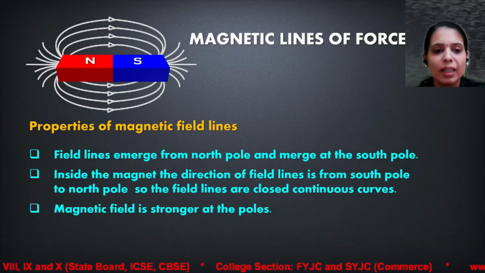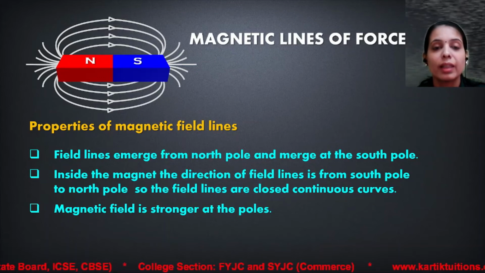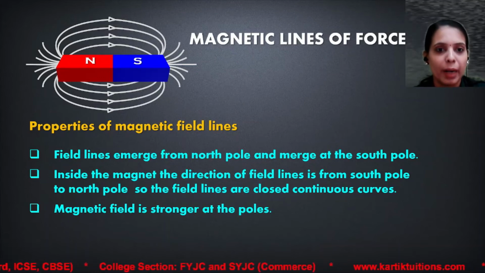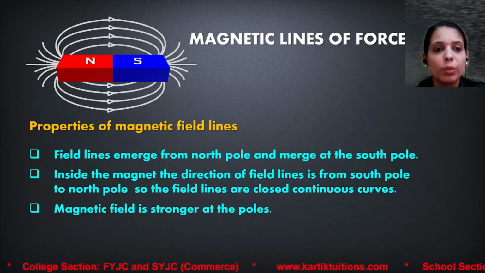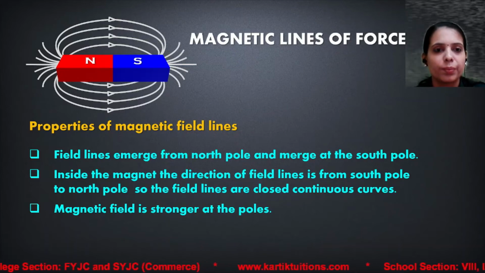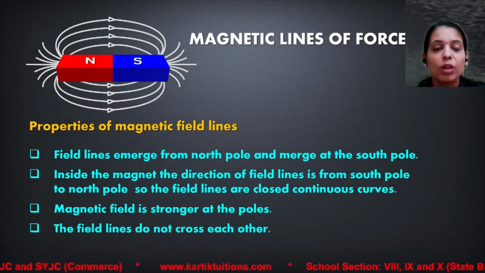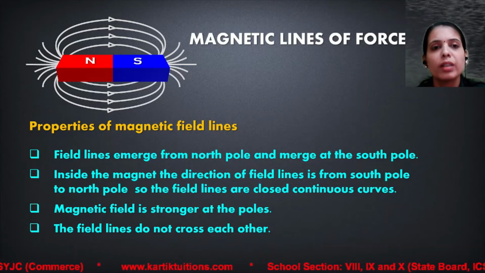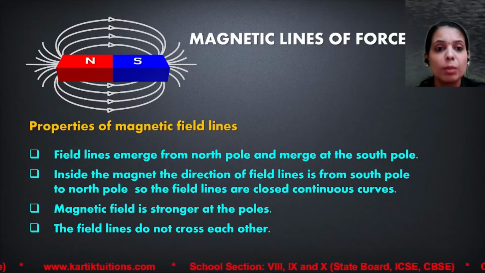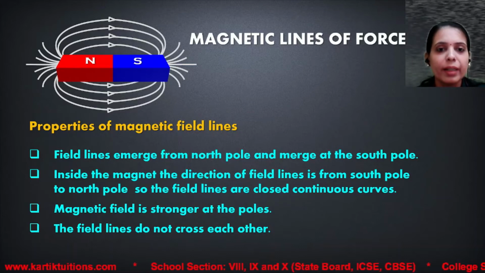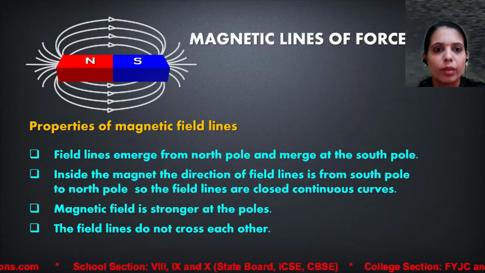So we can say that the magnetic field is stronger near the poles than at the center of the magnet. That is the reason why these lines get very crowded near the poles. Also, no field lines cross each other. No two field lines will intersect each other. So these were some of the properties of magnetic lines of force.